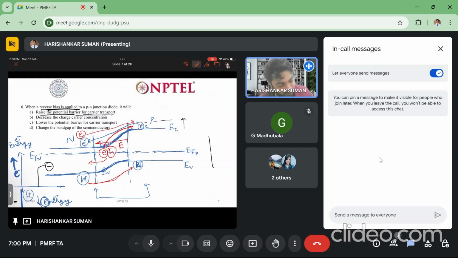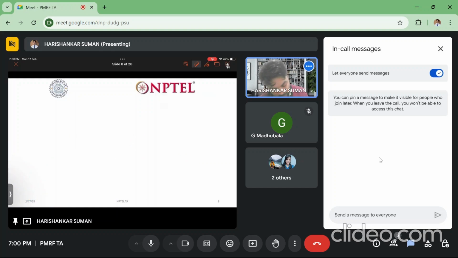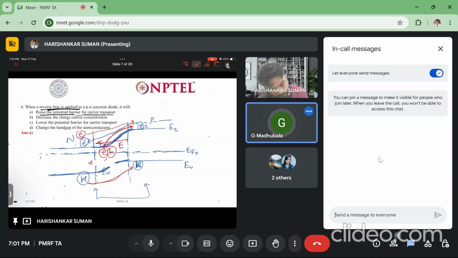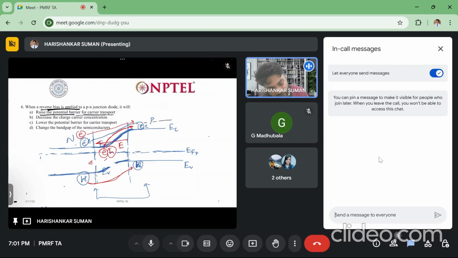This picture will be messy, so I will not. This is clear to you, I think. Yes, sir. But now, if potential is applied, how is the barrier formed?